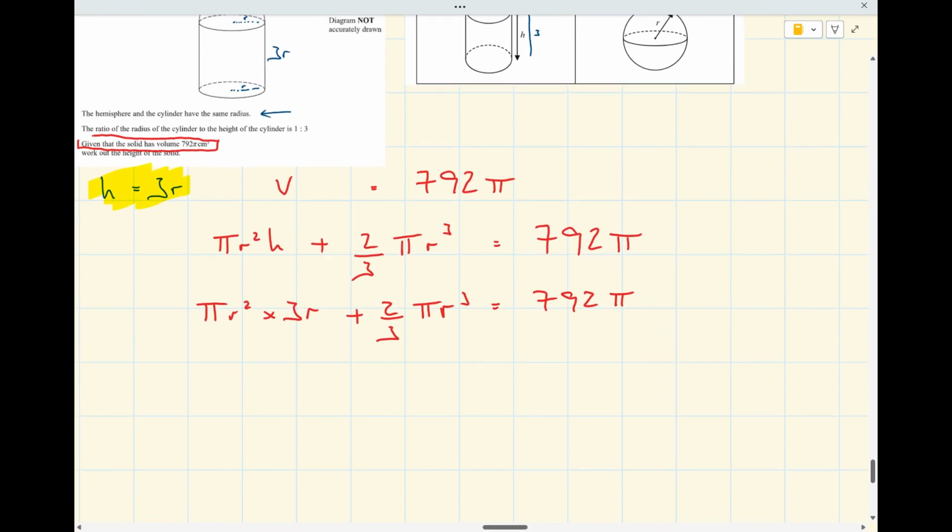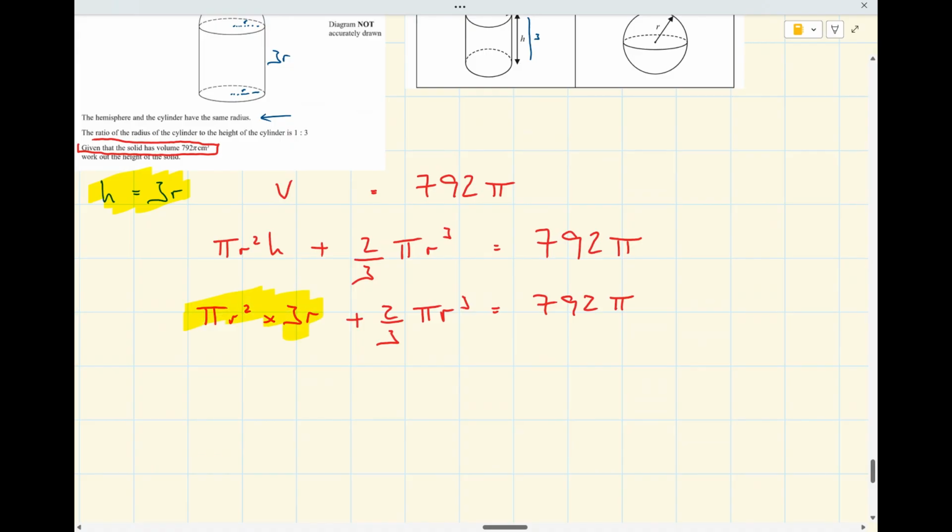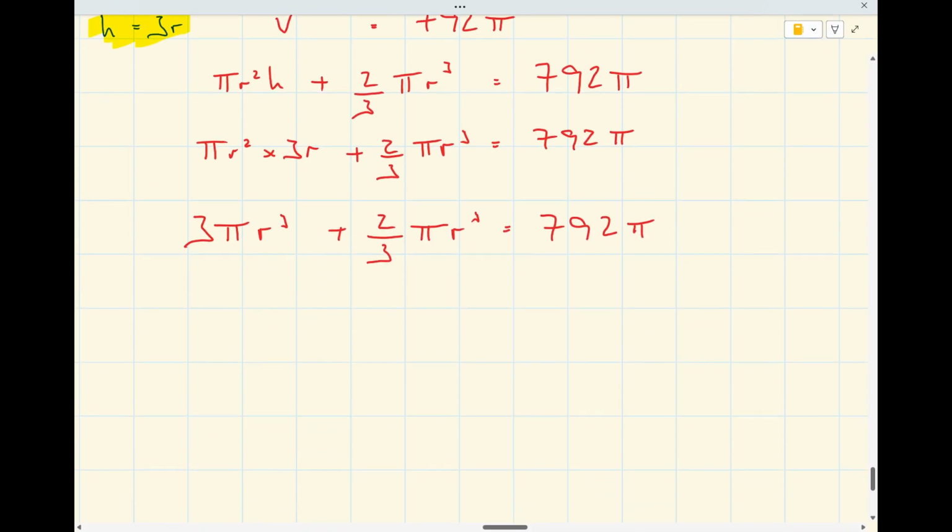Right, let's deal with this bit. Notice how I'm taking it steady. I'm doing one thing at a time. 3 pi r cubed. Try and resist jumping steps because it is a surefire way of making a foolish error, or I should say an avoidable error, perhaps.